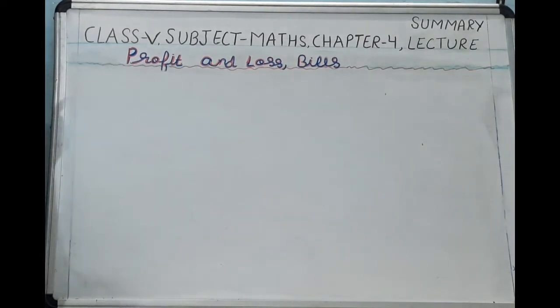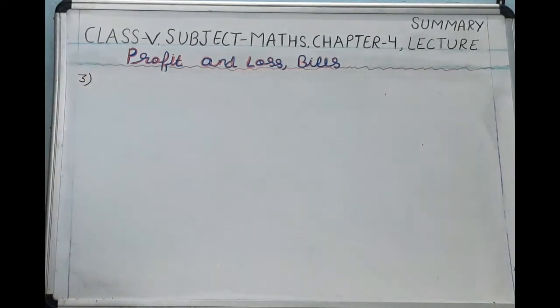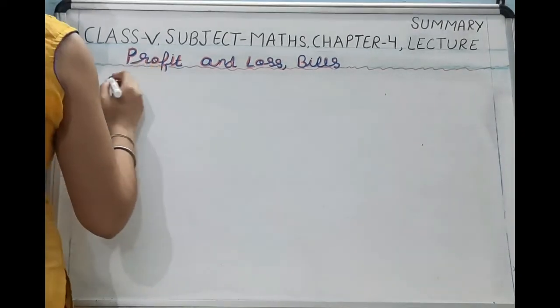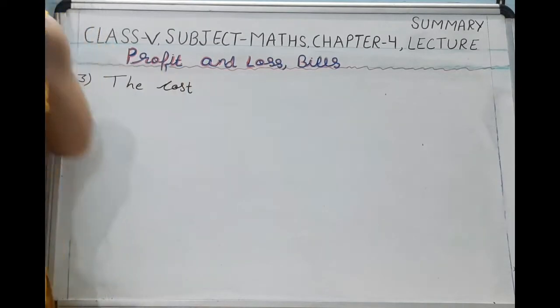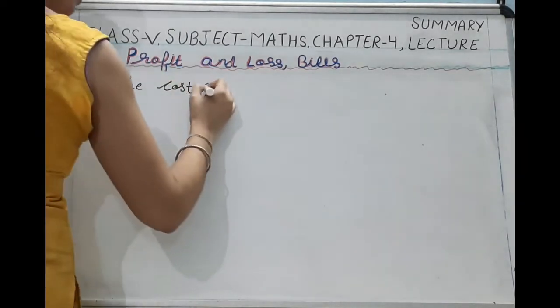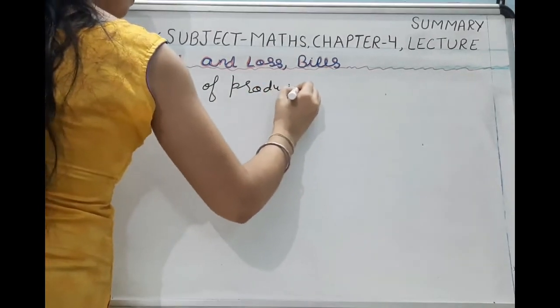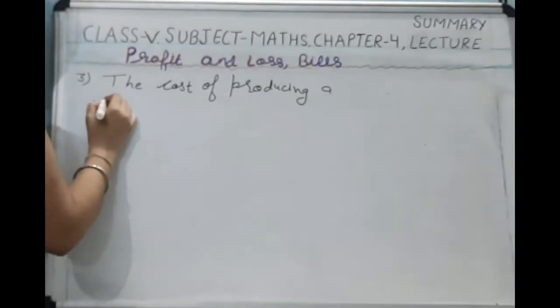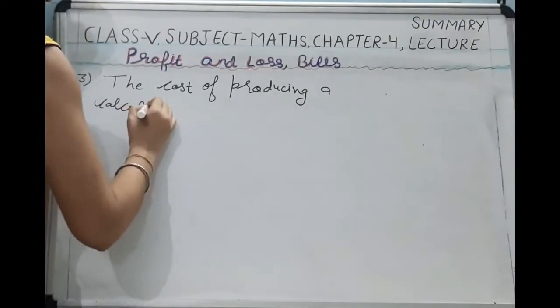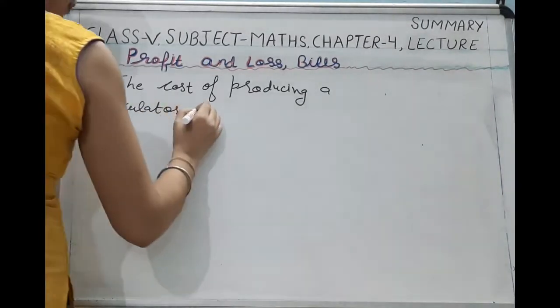Next question I have taken from worksheet. The cost of producing a calculator is rupees 350.